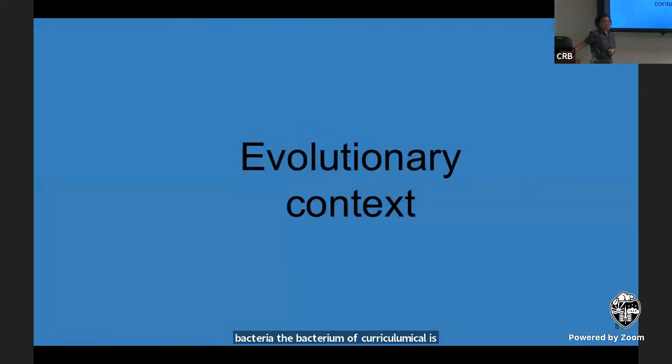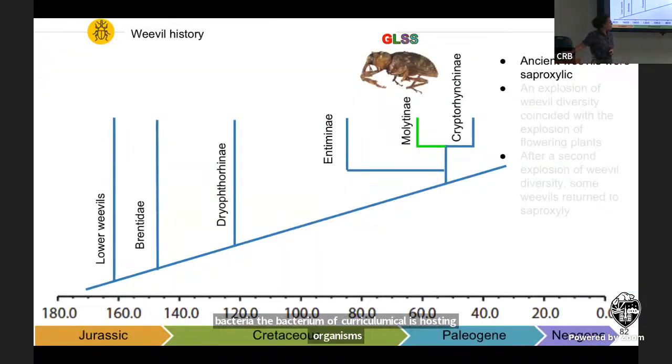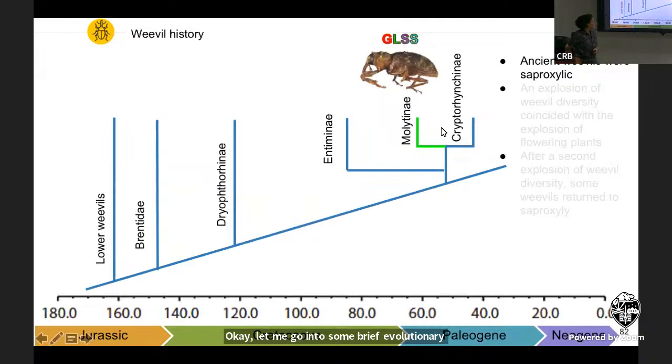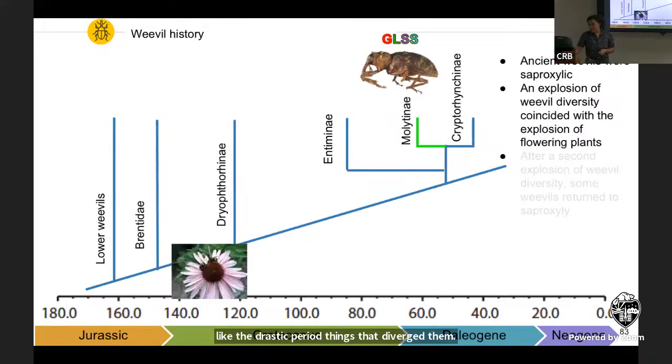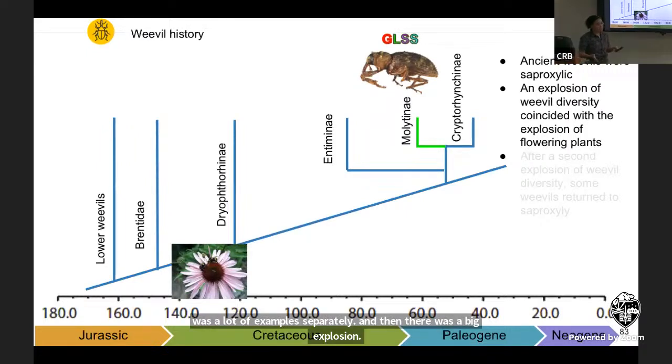Okay, let me go into some brief evolutionary context. So this is a timeline for weevils, not the microbes. What we know is that ancient weevils were likely saproxylic, so eating dead and dying wood. Way back here in the Jurassic period, things that diverged then, there were a lot of examples of saproxylic weevils. And then there was a big explosion of weevil diversity that coincided with an explosion of the diversity of flowering plants, angiosperm dominance.